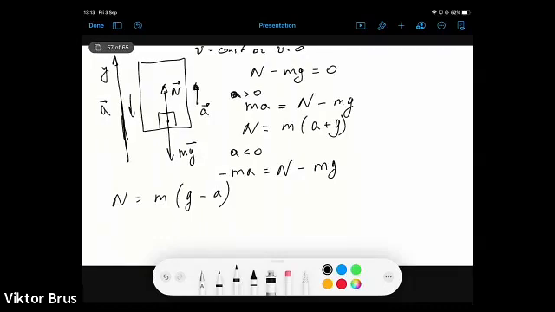So we see that now the reaction decreases, and if A is equal to G, then N will be equal to 0. So the body will experience a free falling condition, with no reaction from the surface on which it resides.